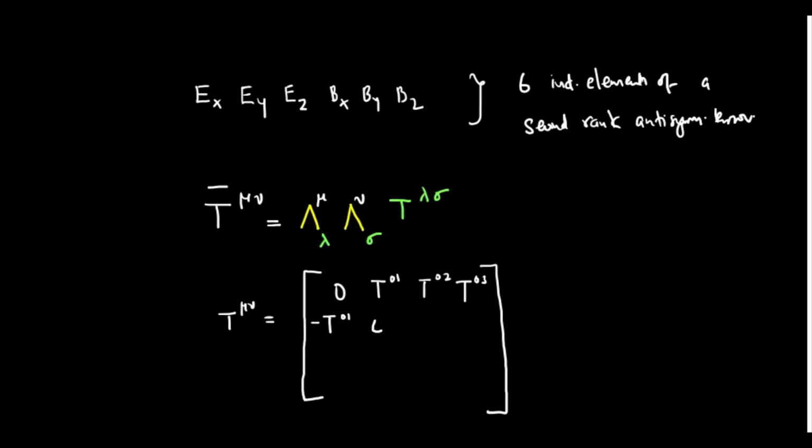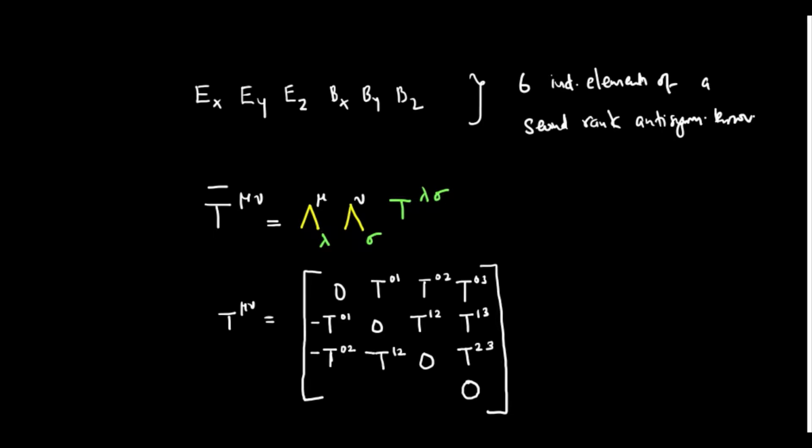The second element is 0, the third element is T 1 2, and you have T 1 3. Here the element should be exactly the minus of this, that is minus T 0 2. Then here this is the minus of this, that is minus T 1 2, then again a 0, but this should be T 2 3. And the final element is also 0.